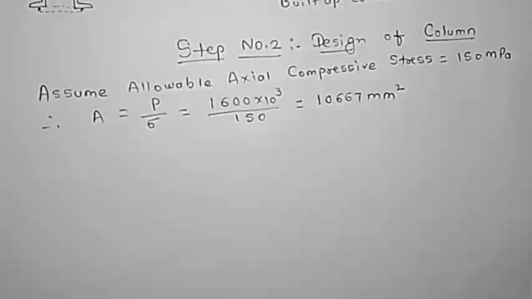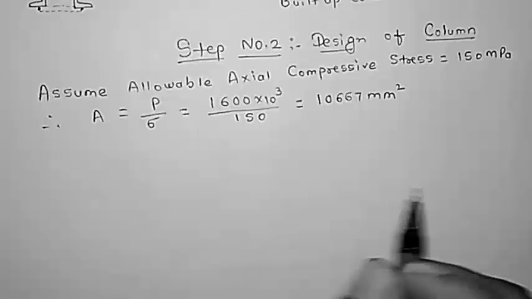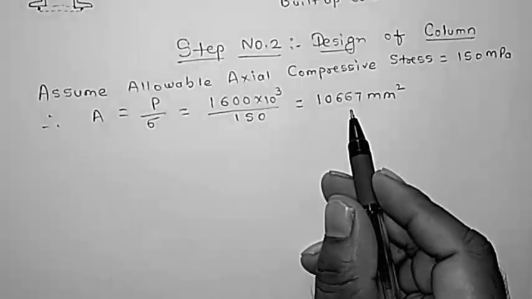So for this area we can try any one of the ISMC sections having the area, or you can say half of this 10,667. So you need to design it for the 2 I sections. So 2 I sections, so that is the reason area of both the I sections should be more than this 10,667 or near about the 10,667.